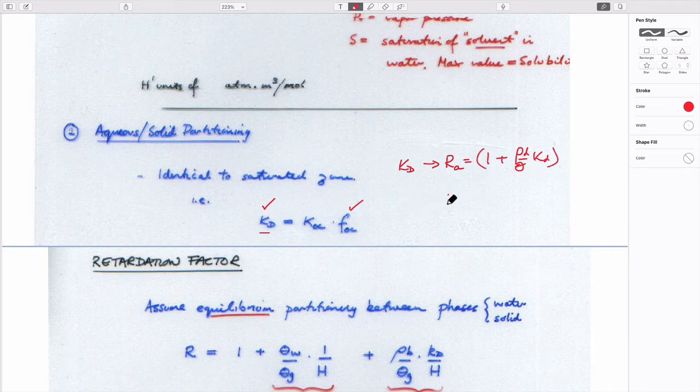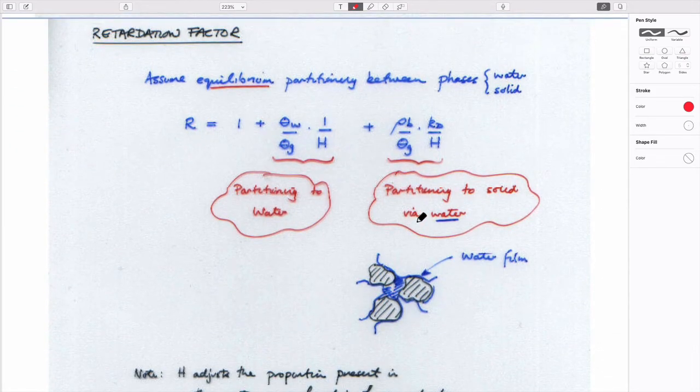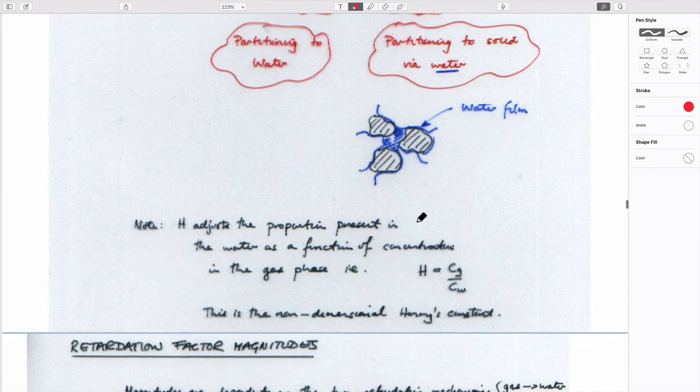And so I suppose what we'd like to know is what is our gaseous retardation coefficient, because that's what we need. And so this is it defined here. And you'll see some similarities.